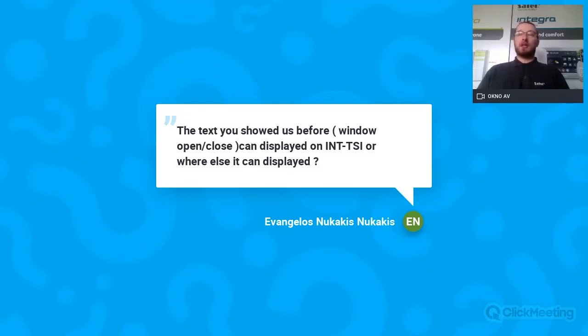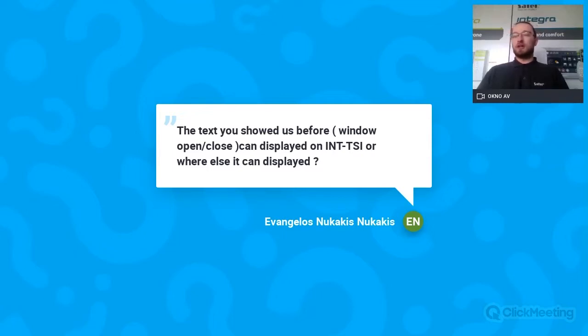But this was the possibility to send this information, this text, to some kind of KNX screen. There are many different companies that create their own screens or controllers for KNX, and then you can display this information there. So it's more about how this functionality is sent from the INTEGRA panel to KNX than about showing it on the INT-TSI, because you already have this information inside the INTEGRA, so you don't need to use a telegram for it.